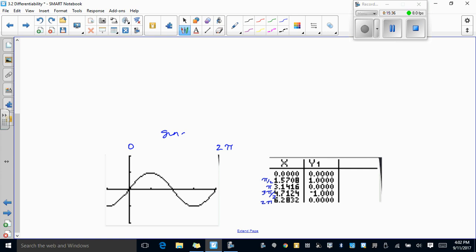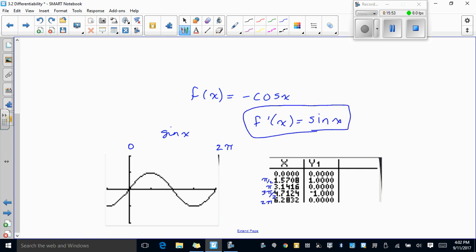So, if f of x equals negative cosine of x, then your f prime of x is sine of x. This is when it comes really nice to know what your graphs are going to look like and what you're going to expect out of them.